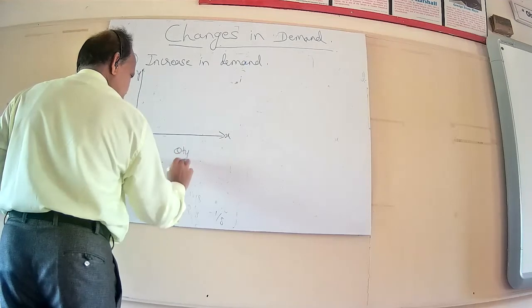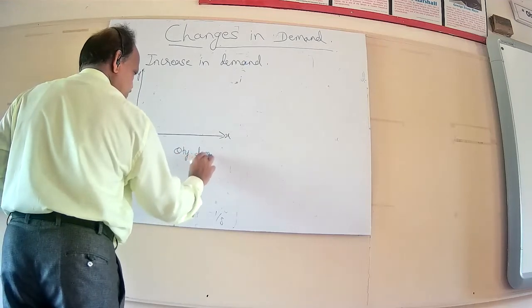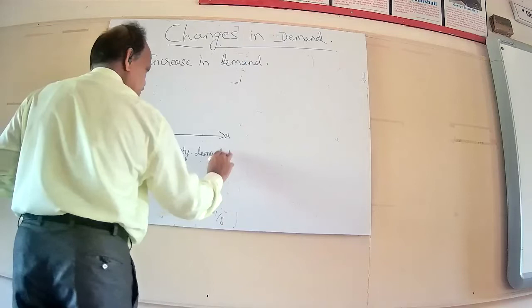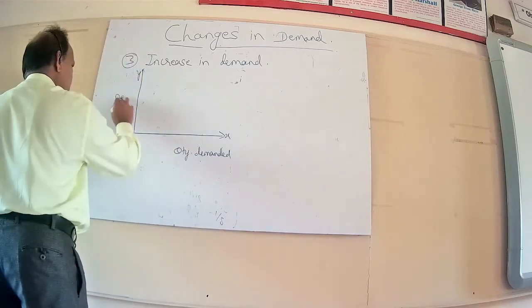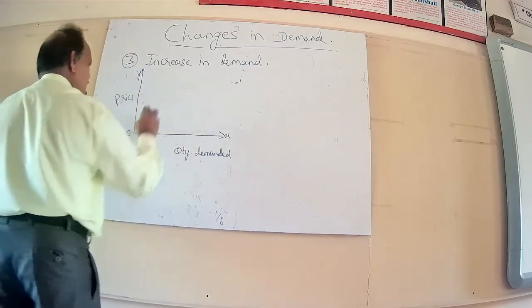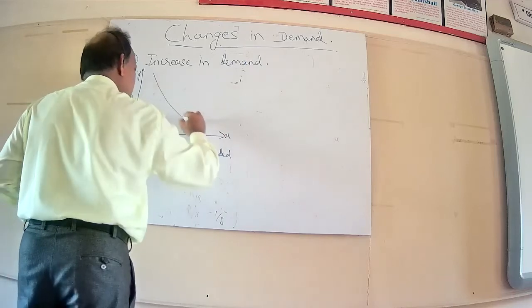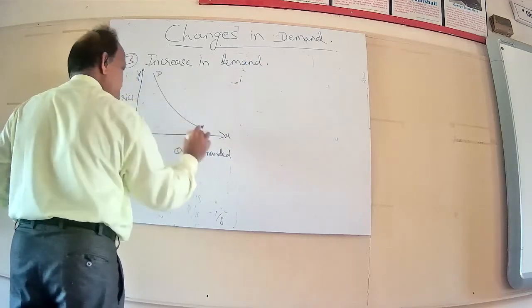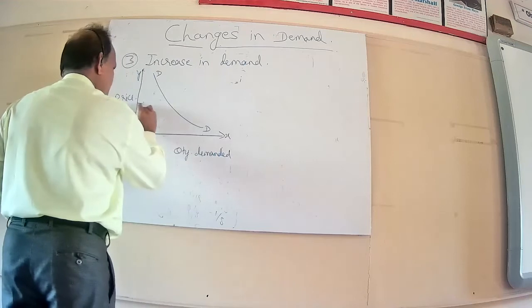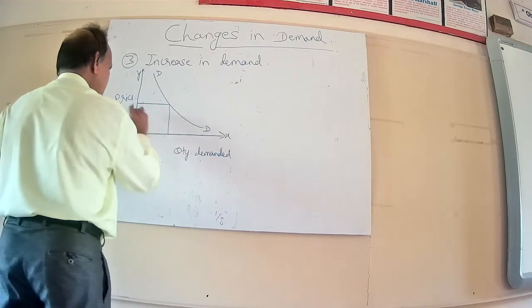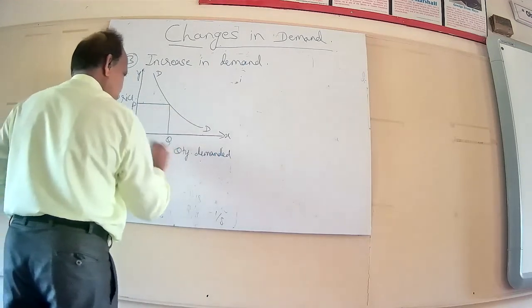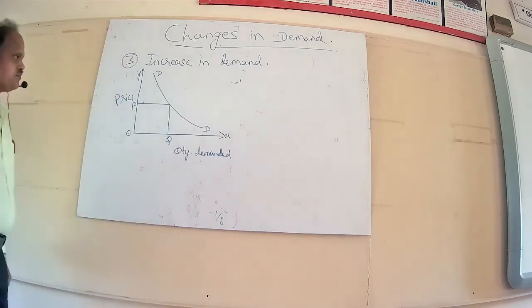Quantity demanded and here price. This is your initial demand curve, DD. And price was at OP level. Quantity demanded was at OQ level.